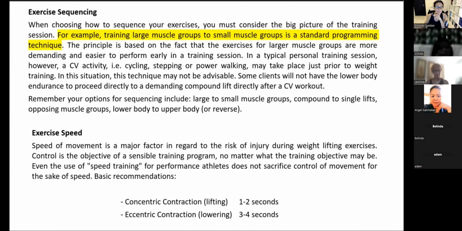So the principle is based on the fact that the exercises for larger muscle groups are more demanding and easier to perform early in a training session. In a typical personal training session, however, the same thing applies.